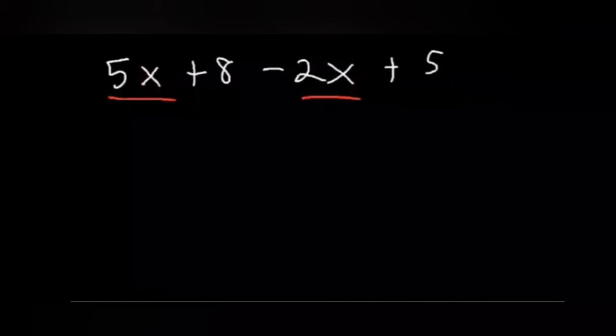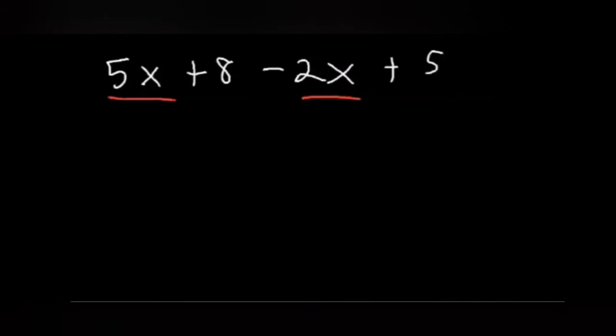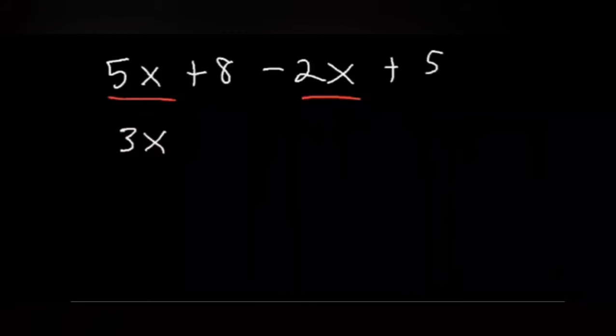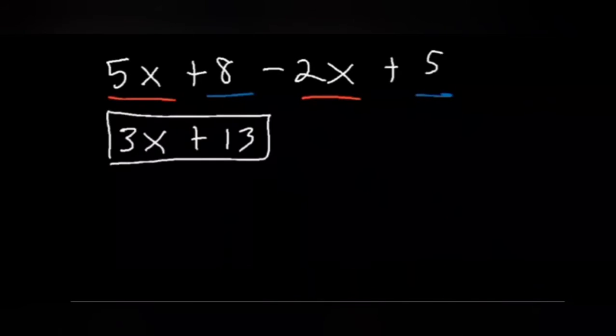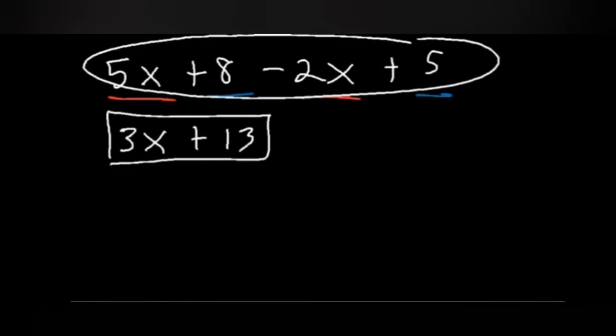Now 5x minus 2x gives us 3x, and 8 and 5 are like terms. 8 plus 5 gives us plus 13. And you can see that the expression has been simplified to give us 3x plus 13 as our answer.